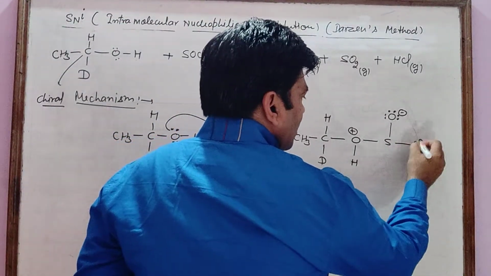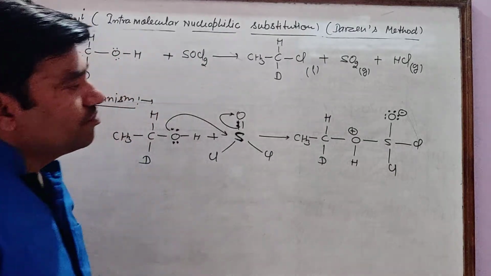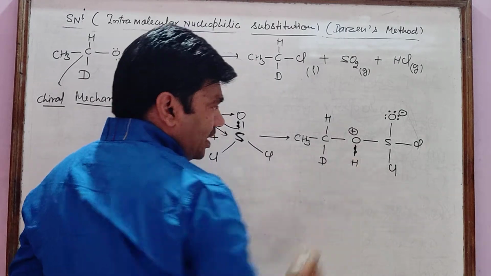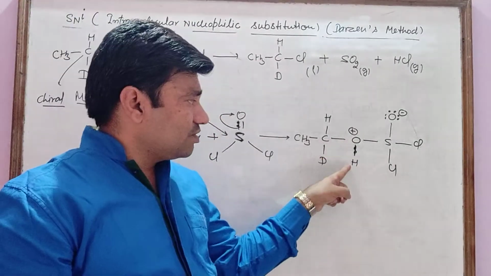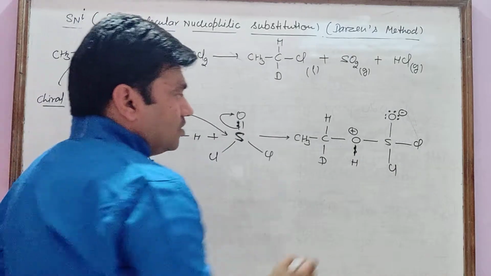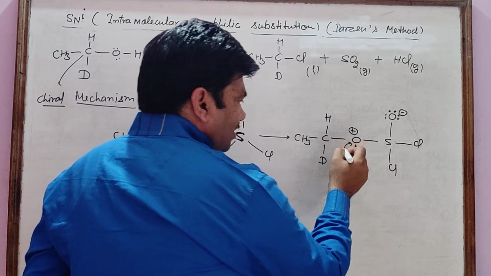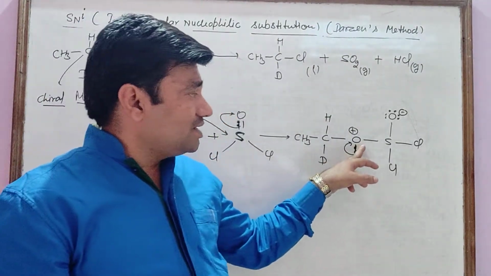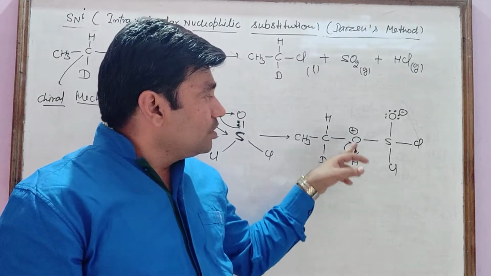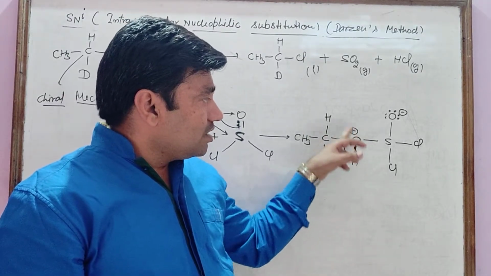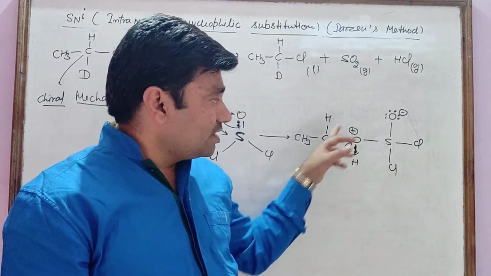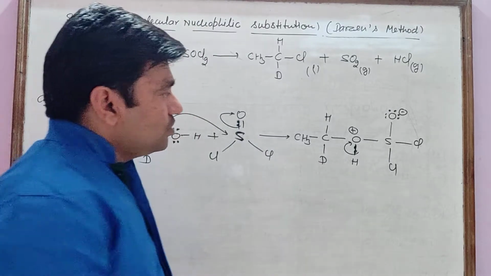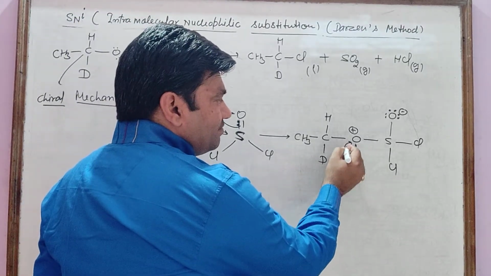And now you will get this situation. The hydrogen present on this oxygen atom will be eliminated because of the positive charge on the oxygen atom. You know about it, oxygen is an electronegative atom, so it will not carry a positive charge. That would be a very unstable condition, right? So this bond will be cleaved, okay?